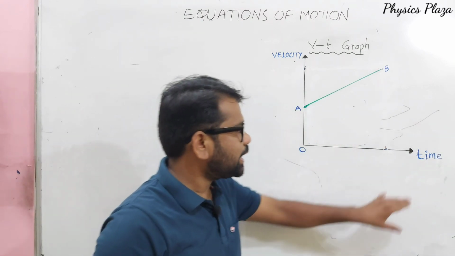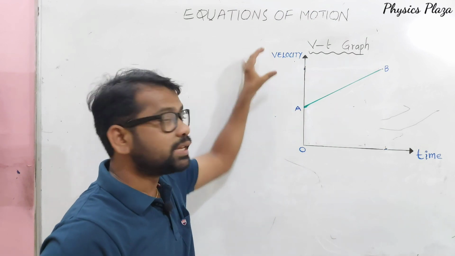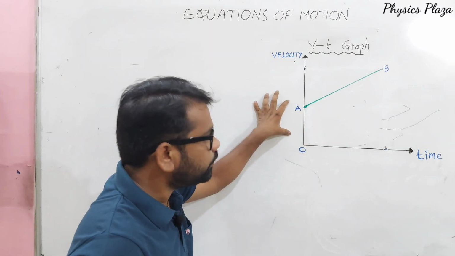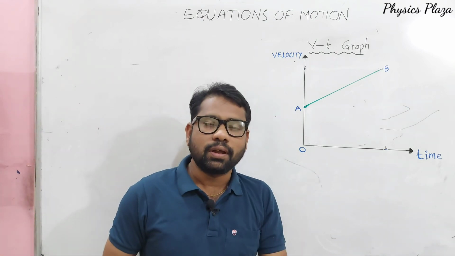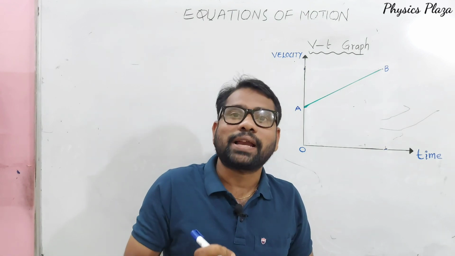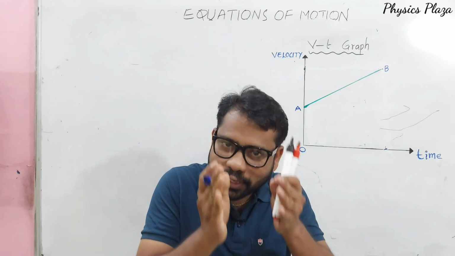As we know, time is an independent quantity, so it should be taken on the x-axis, whereas velocity is a dependent quantity, so it should be taken on the y-axis. This is the graph we got for the situation we have taken: the body is moving with uniform acceleration, but not starting from rest, meaning initially it has some initial velocity.